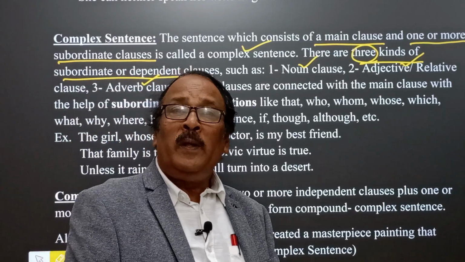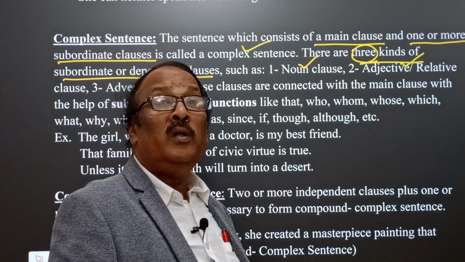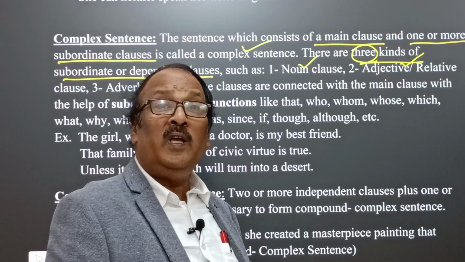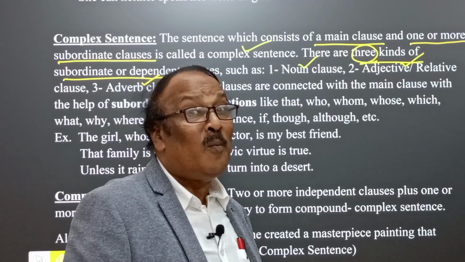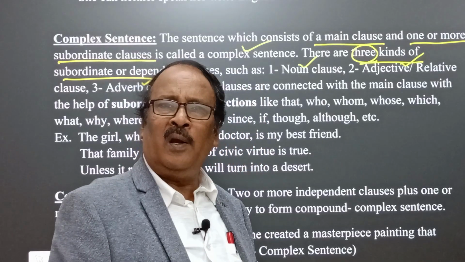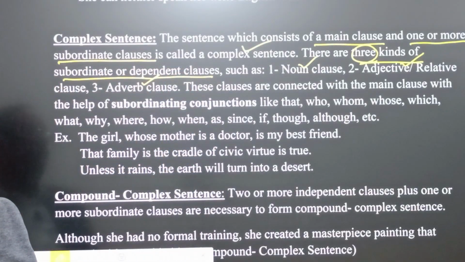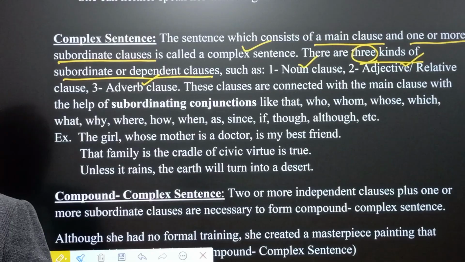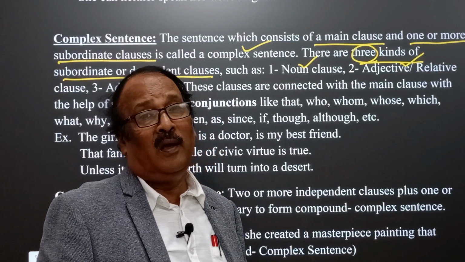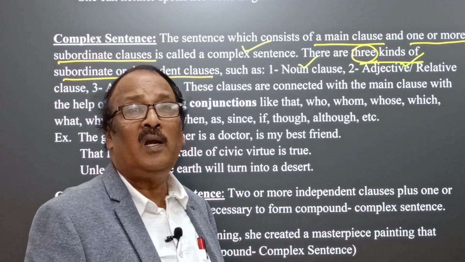Dear students, these are very interesting factors to remember, that these clauses are subordinate because they remain subordinate, or dependent, to the main clause. These are no doubt a lengthy chapter, and all of these will be discussed very clearly in subsequent classes.